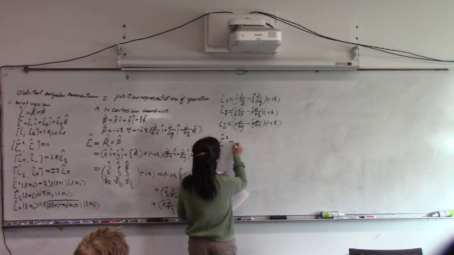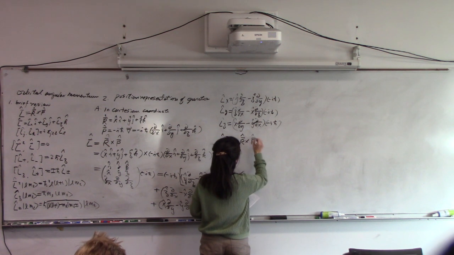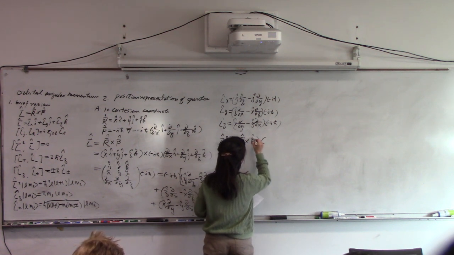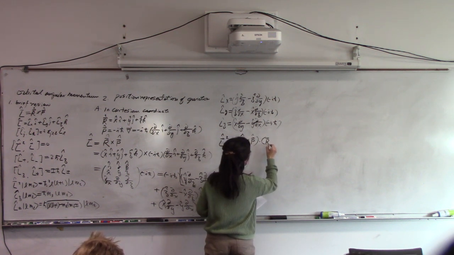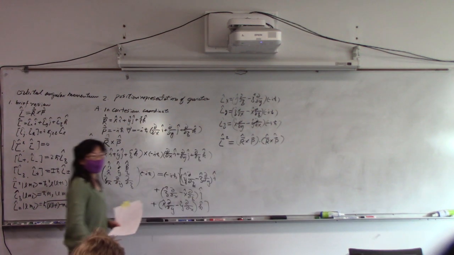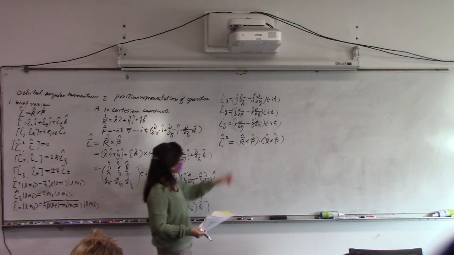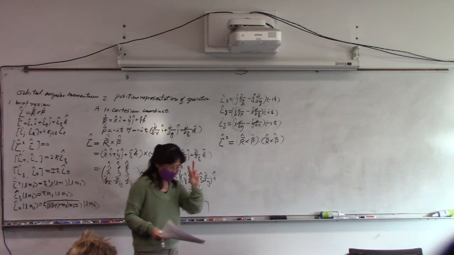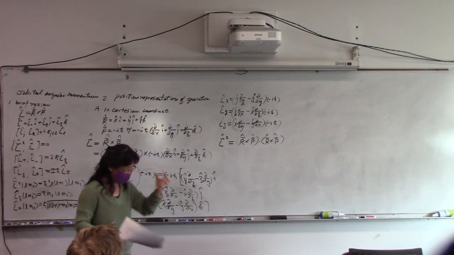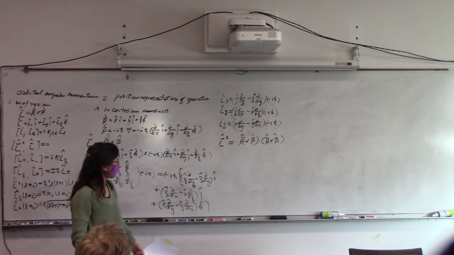So L squared is, L is r cross p, right? So that is the inner product of this. Okay, so this has 4 vectors, with 2 of them paired as a cross product and then together the inner product.